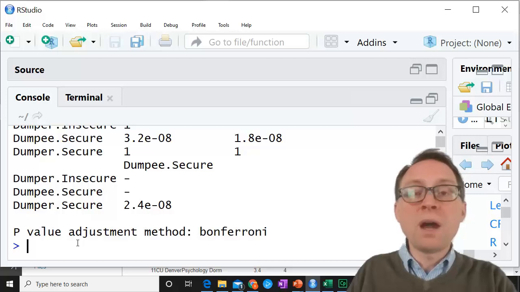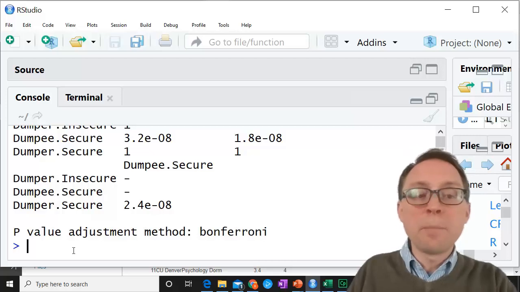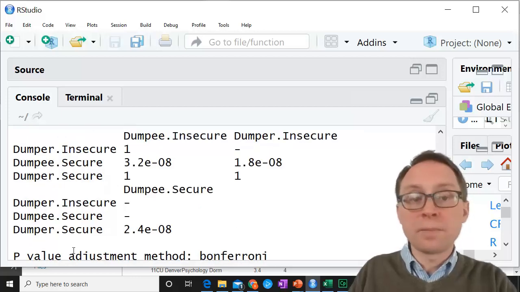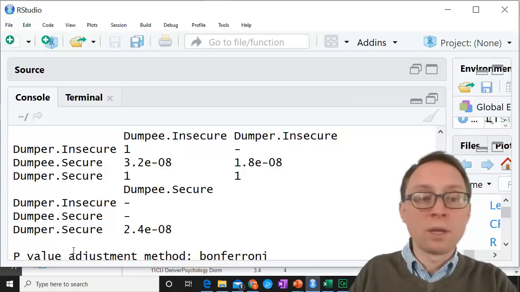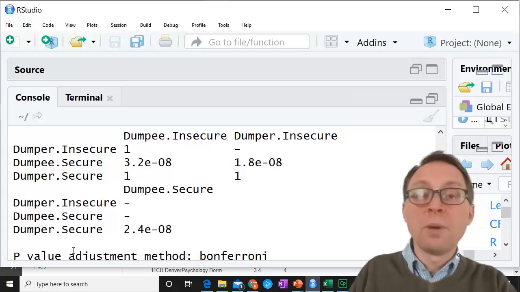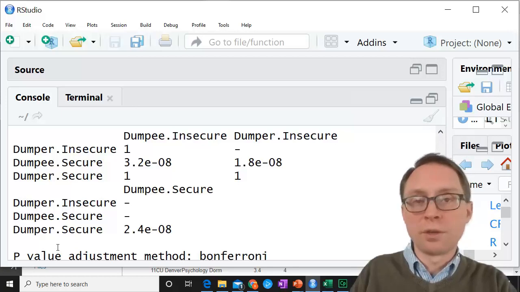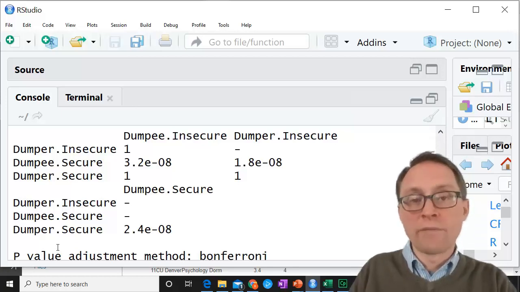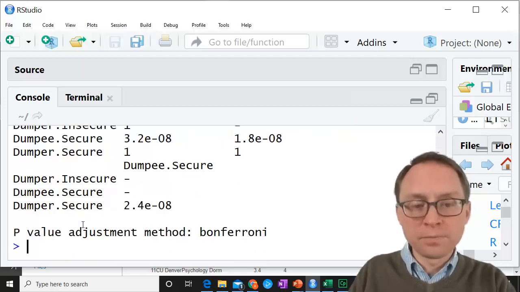Because if my hypothesis was that dumpers who are secure would have significantly higher satisfaction, I would have found a significant main effect for last breakup, a significant main effect for attachment, and a significant interaction, but my hypothesis would not be supported because it's not dumpers who are secure who have the highest satisfaction, it's dumpies who are secure who have the highest satisfaction.